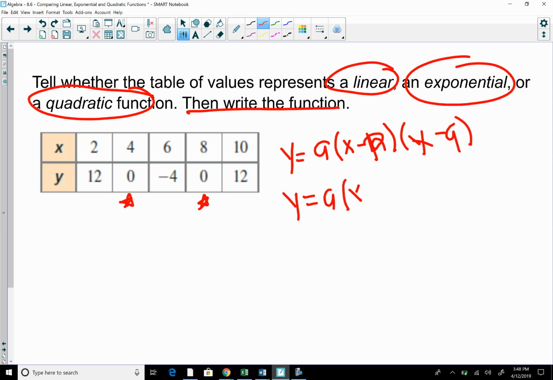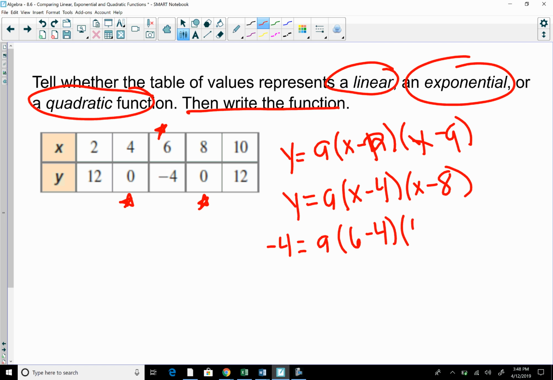So that would be x minus 4 and then x minus 8. Again, you want to figure out what your a value is, so pick any other point there. Let's just use, let's see, what number did I use? Oh, I just used this vertex here. So I plugged -4 in here. I solved for a, so 6 minus 4, and then 6 minus 8.